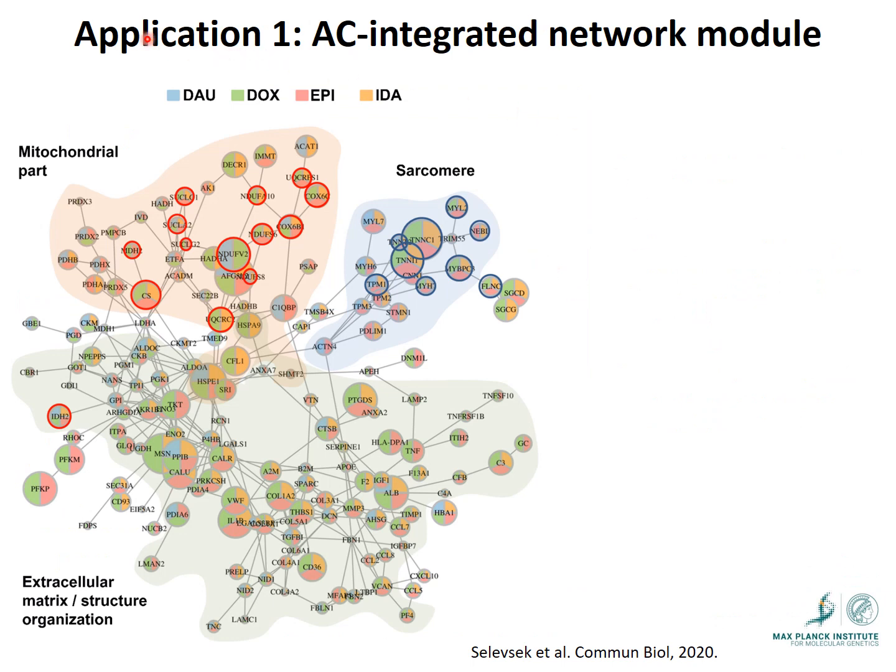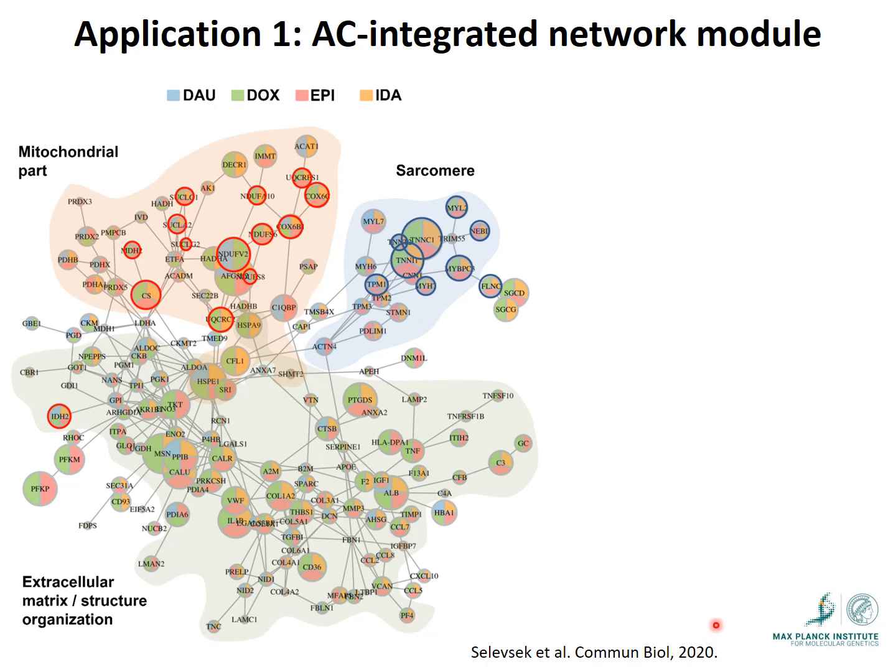We applied this approach to two applications. So the first application is a toxicity project where we were interested in toxicity mechanisms from anthracyclines, and we derived an integrated anthracycline graph from the network propagation, which can be subdivided into a mitochondrial part, the sarcomere part, and the extracellular matrix part.